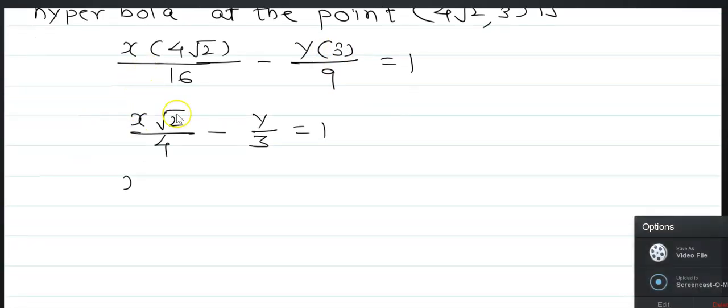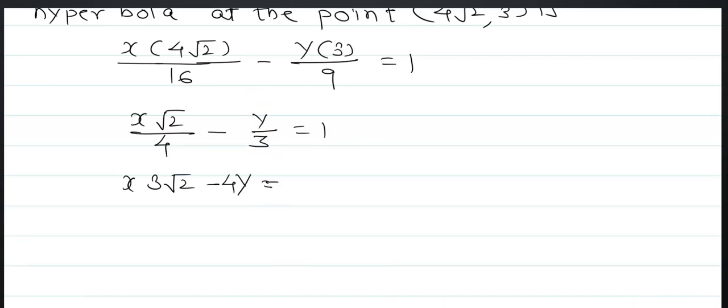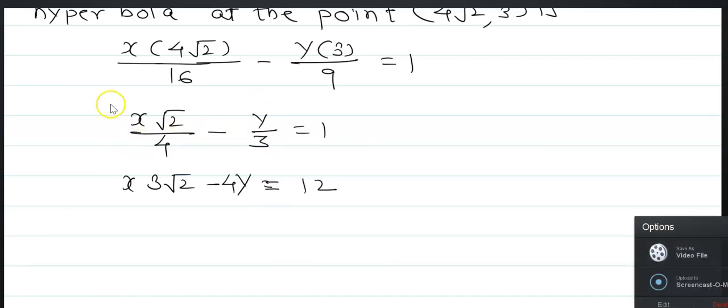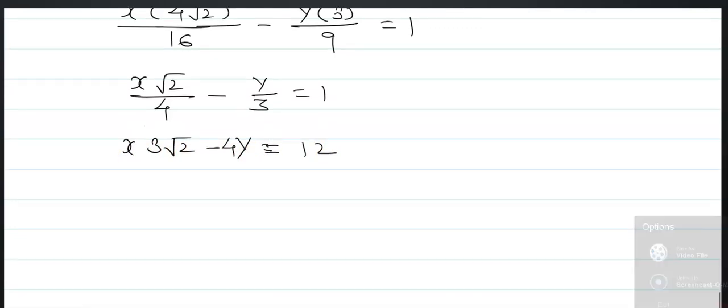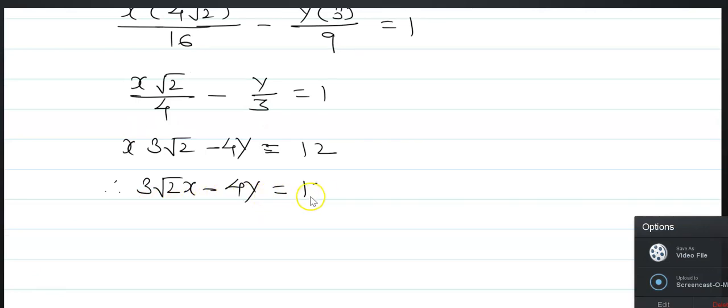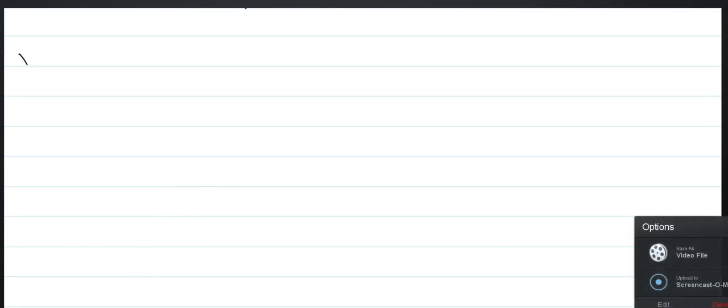That is x root 2 upon 4 minus y upon 3 is equal to 1. If we take the cross multiplication, x into 3 root 2 minus 4y is equal to 12. That is 3 root 2 x minus 4y is equal to 12, sorry. I will repeat it again.